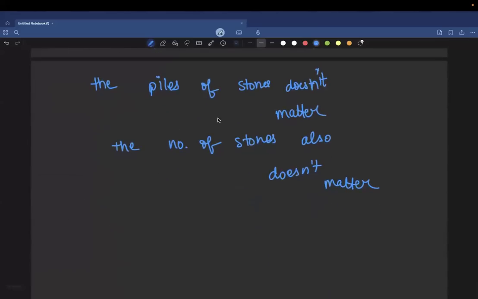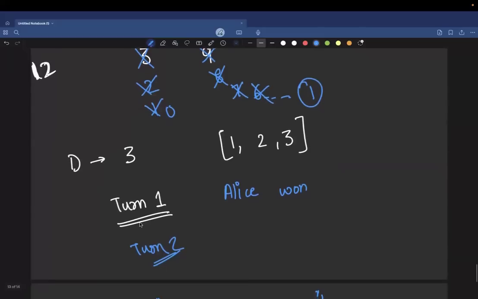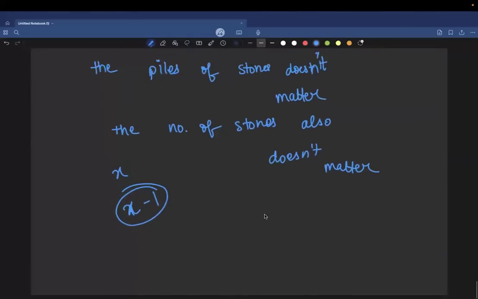So let's say there were X number of stones. For the first X minus one stones, whoever removed them doesn't really matter. What matters is who removes the stone in the last turn. So yeah, after every turn, for the next turn, the die is fair. Whatever happened in the last move does not change the probability of who will get to remove the next one.